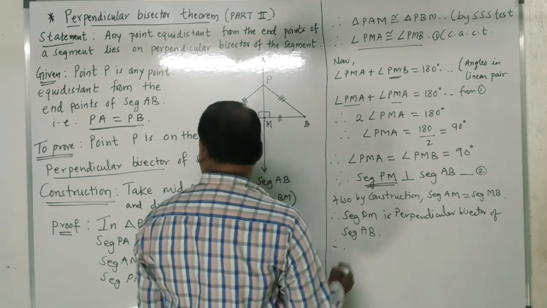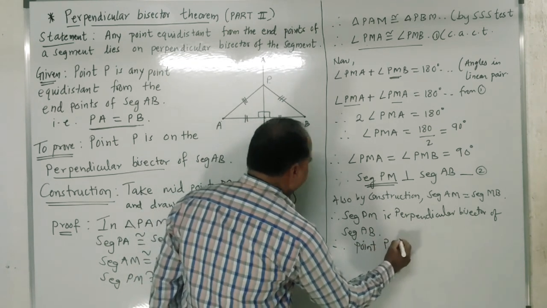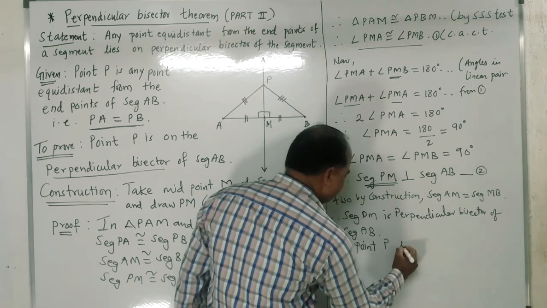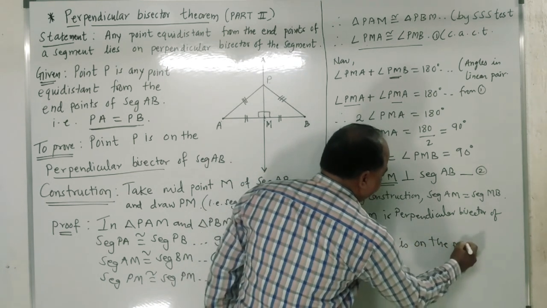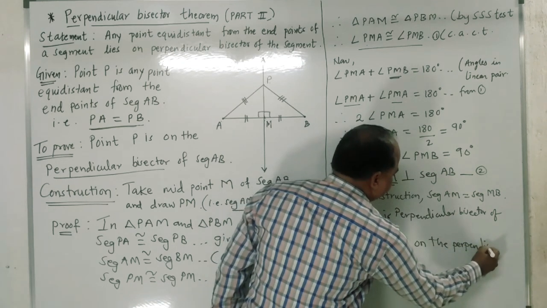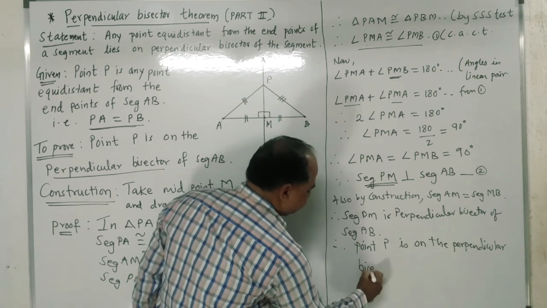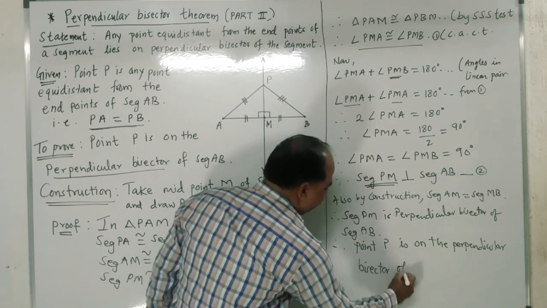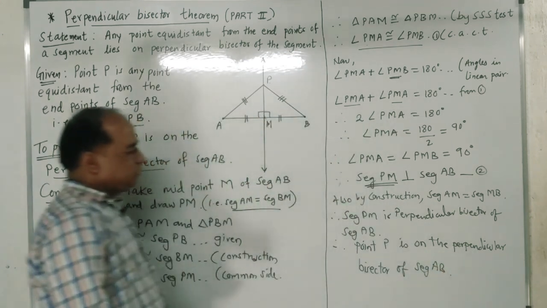Therefore point P lies on the perpendicular bisector of segment AB. Hence we have proved the theorem.